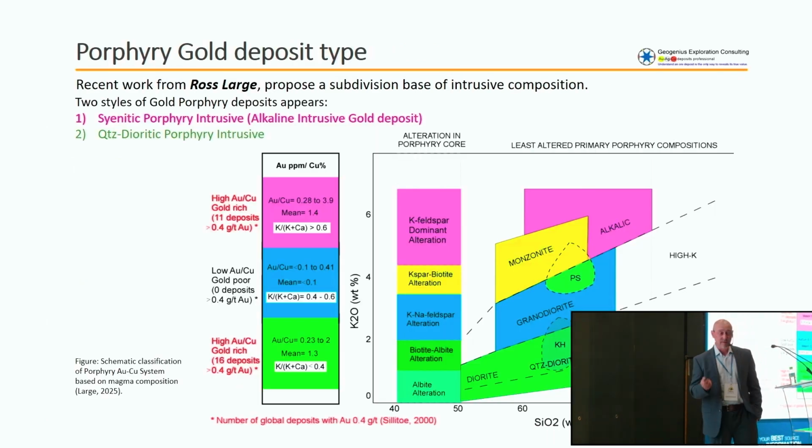Okay, that's fresh information also from PDAC, a presentation from Russ Large. He had the database for 16 of the most important gold porphyries in the world, and he has a very empirical vision. He treated all the data, and he came up with this.